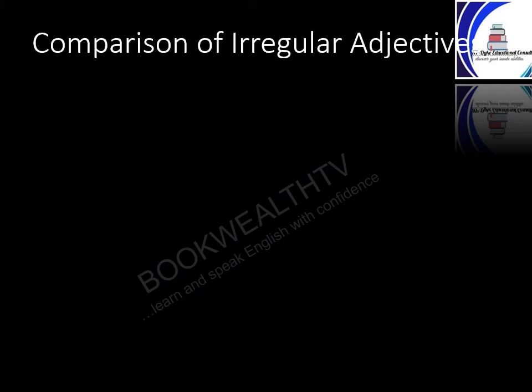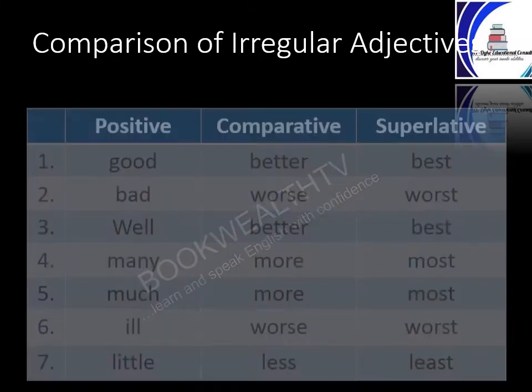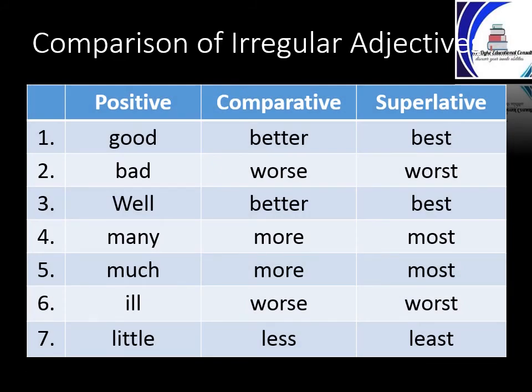Comparison of irregular adjectives. Positive, comparative, and superlative adjectives. Good, better, best. Bad, worse, worst. Well, better, best. Many, more, most.